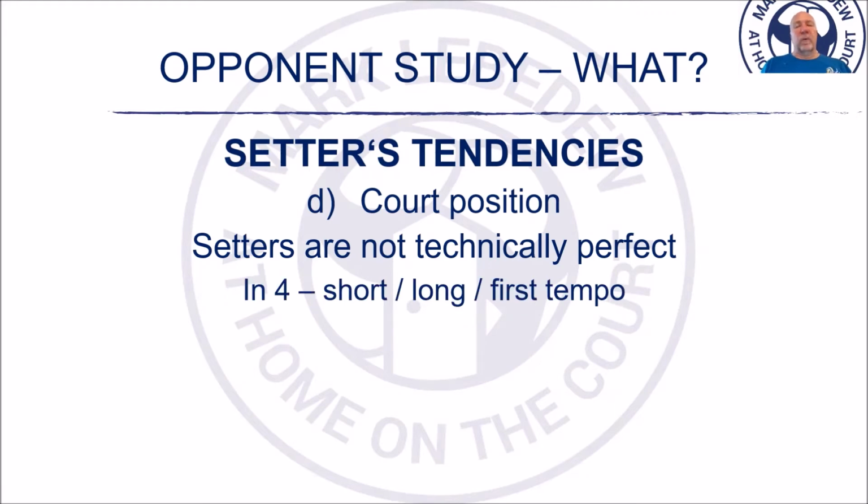One of the most obvious ones that we'll see a lot is that when the reception is in position 4, there can be very strong tendencies, particularly in the case of not wanting to play, or keeping the ball short, first tempo and position 4. We don't often see the long ball to position 2, or especially to position 1. When the setter's moving back, they can have some different tendencies.